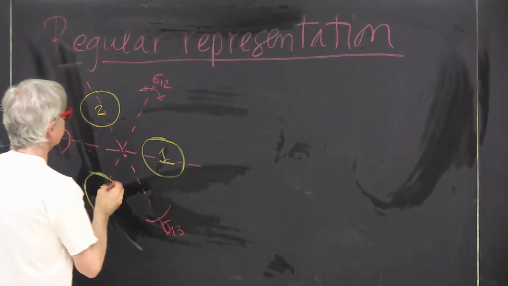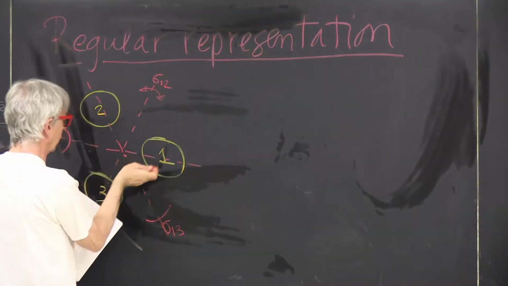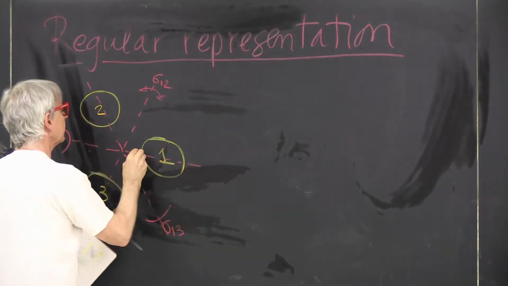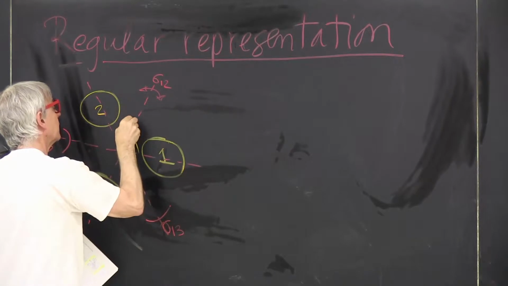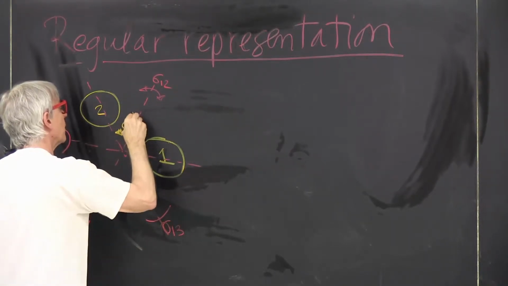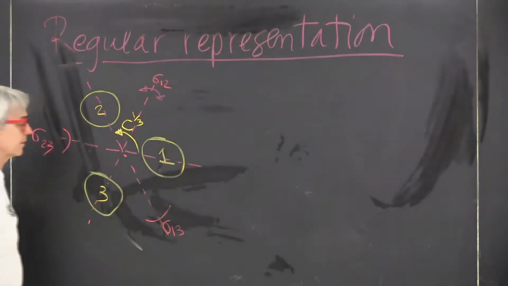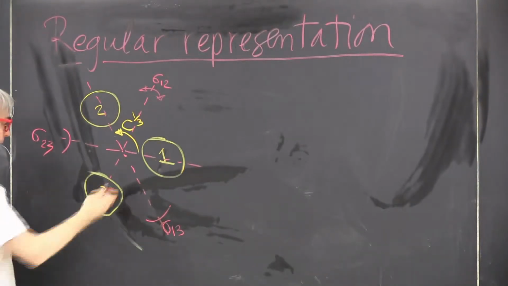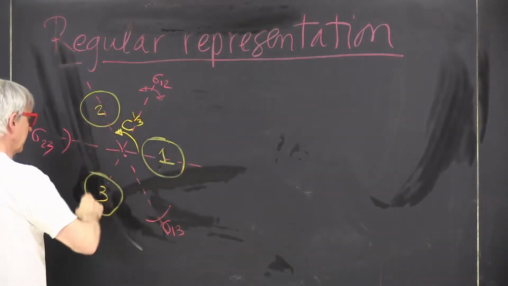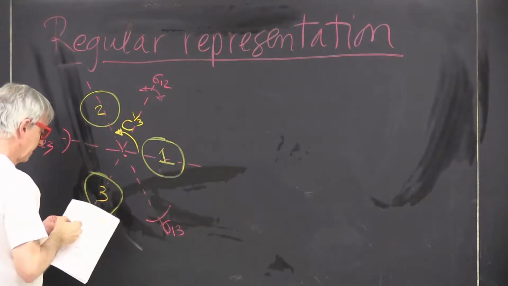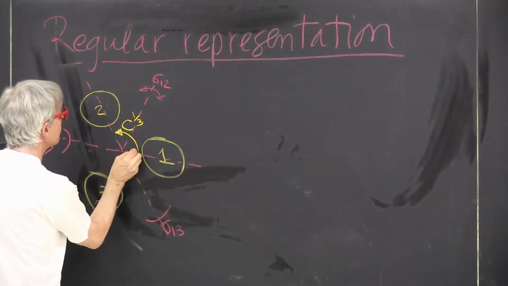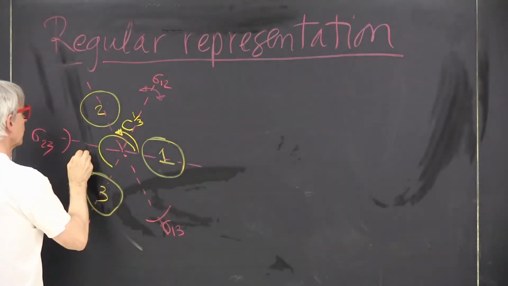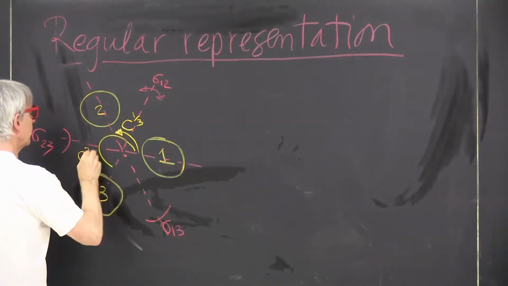But then I can also take all 3 disks and rotate everything by what I'll call C 1/3, 1/3 of the full circle, and then 1 becomes 2, 2 becomes 3, and 3 becomes 1. And if I repeat this operation, I rotate by C 2/3.